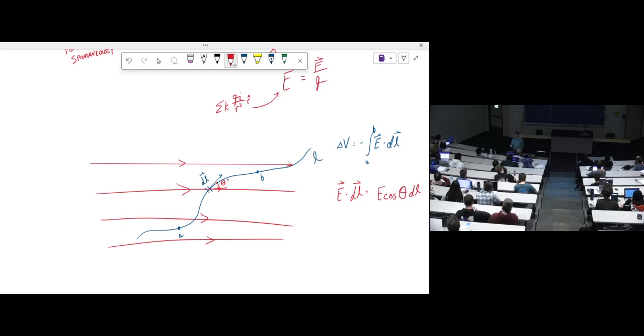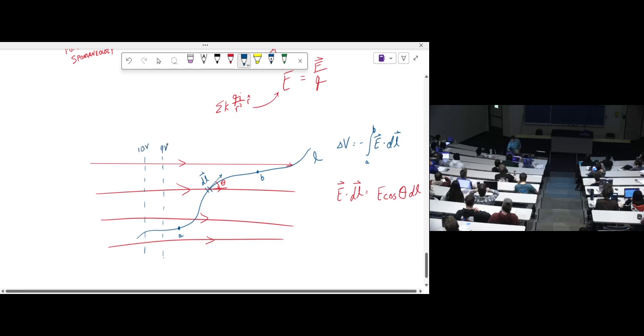So think about this case right here, where they're almost perpendicular to one another. Well, if they're perpendicular to one another, the cosine of 90 degrees is 0. So while I'm perpendicular to these electric field lines, this could all be 10 volts.